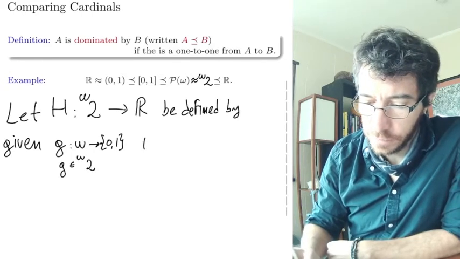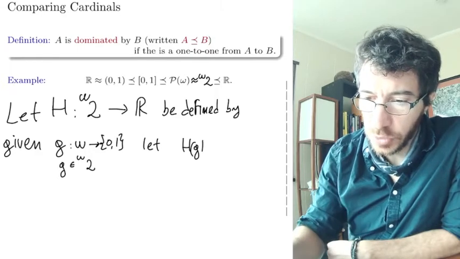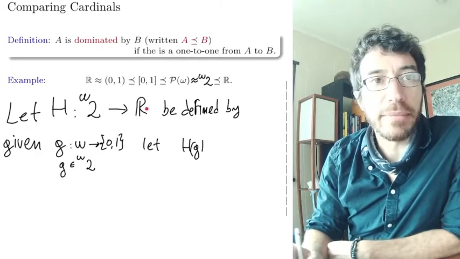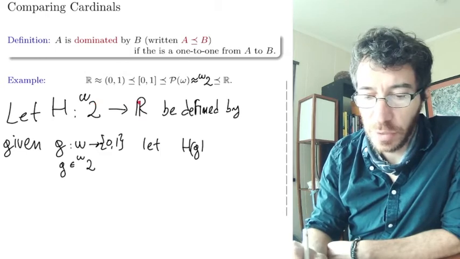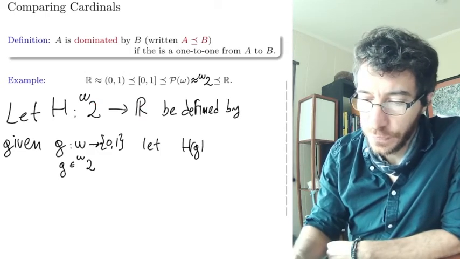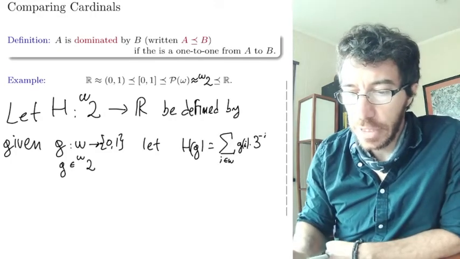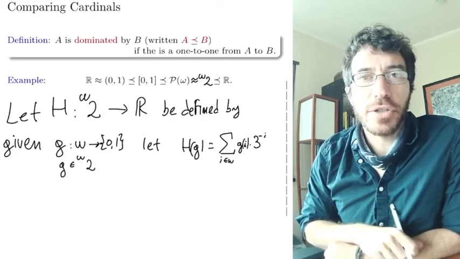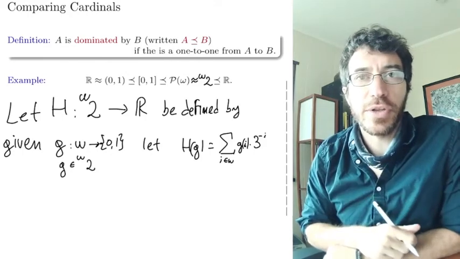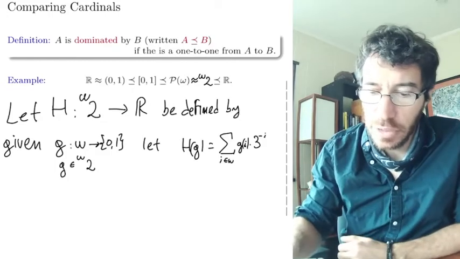We let h of g, we are supposed now to get a real number, right? So we took a function here and now we want to get a real number. So what real number are we going to choose? We're going to choose the sum of g of i times 3 to the negative i. So essentially now what we're doing is writing a number in base 3.